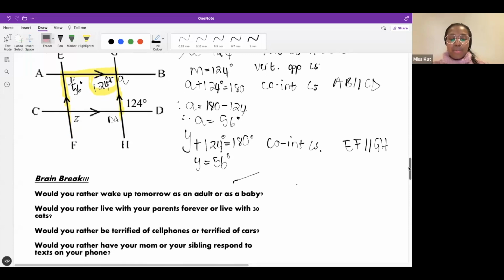Would you rather have your mom or your sibling respond to messages on your cell phone? Just like a few hours, you give them the cell phone. You guys trust your siblings? Someone is just us who had really cruel siblings. Because mine would set my WhatsApp on fire.